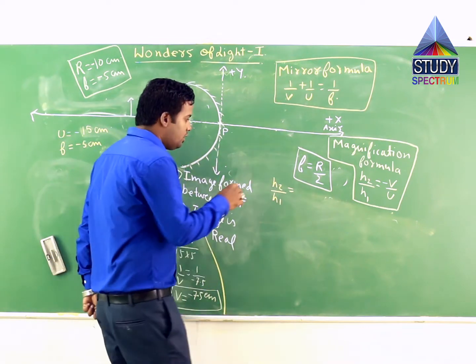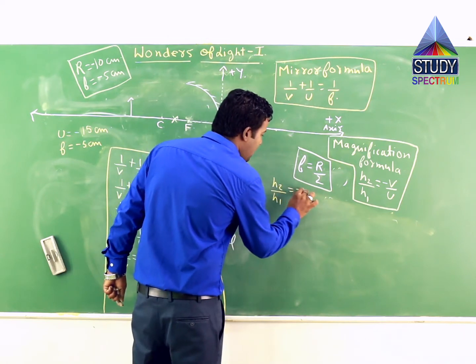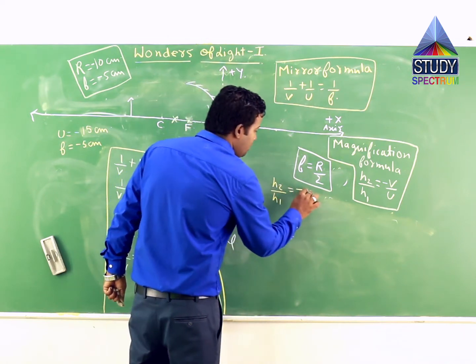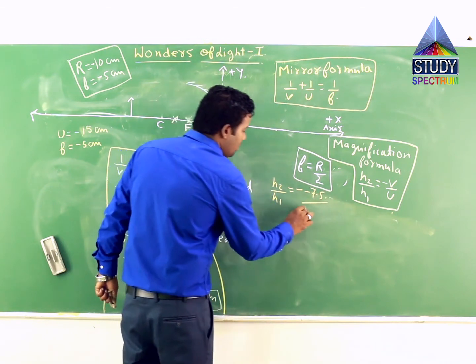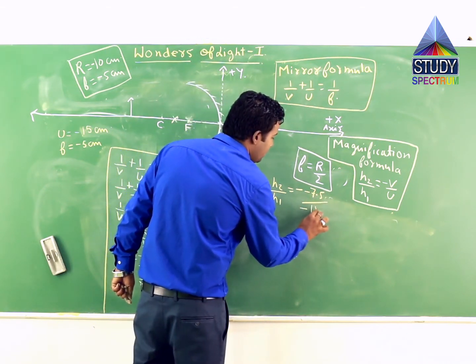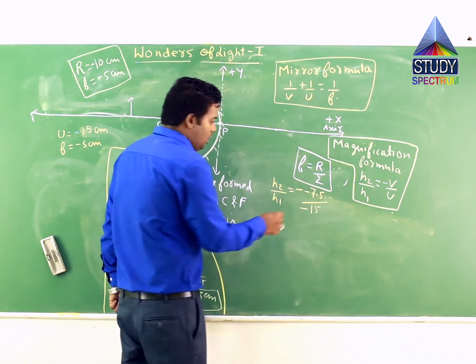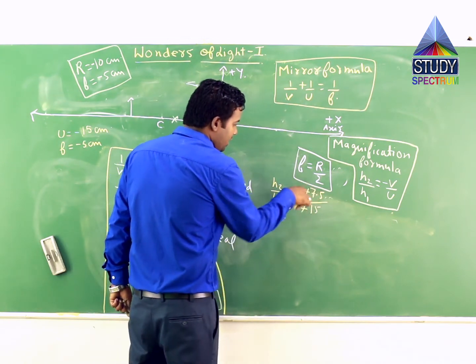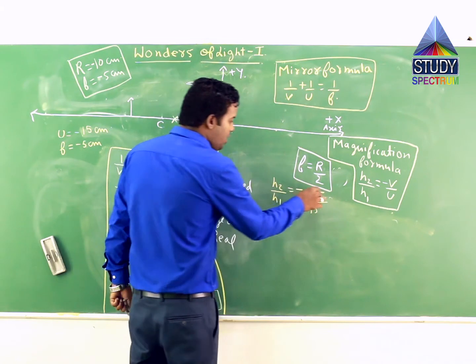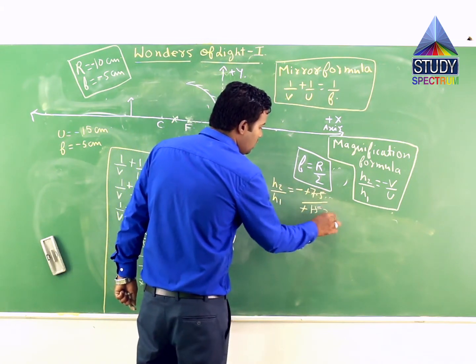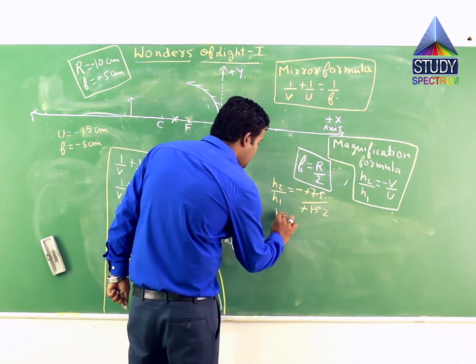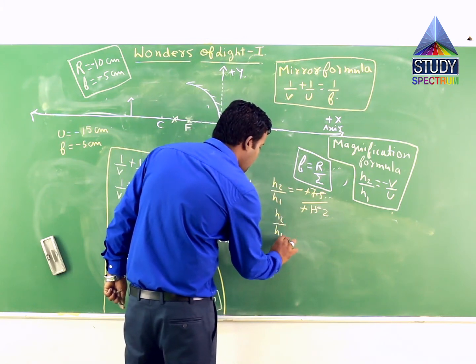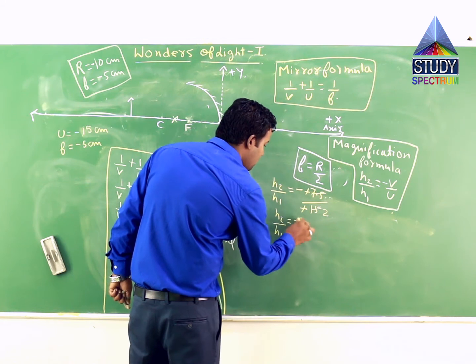So if I substitute these values, this will become minus of v, which is minus 7.5, divided by u, which is minus 15. Correct? One of the minus signs gets cancelled. 7.5 into 2 is 15.